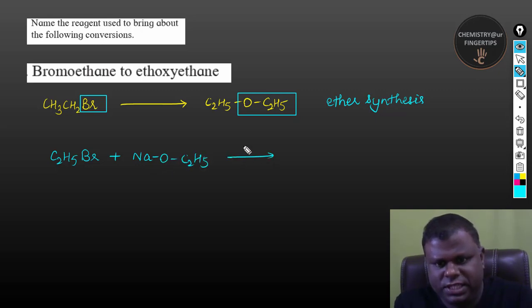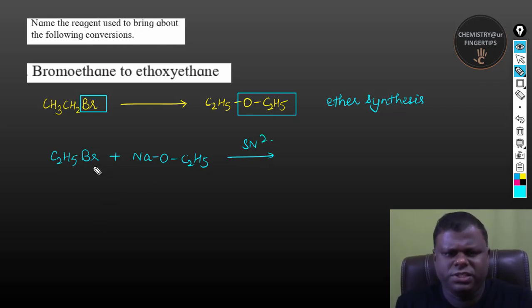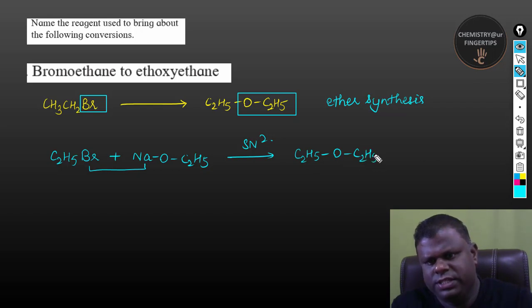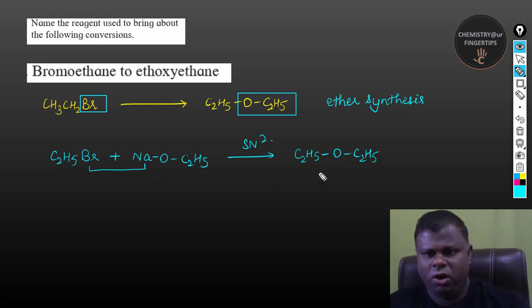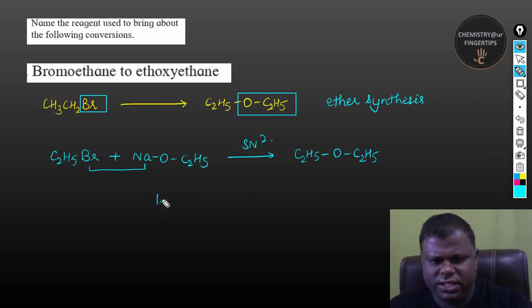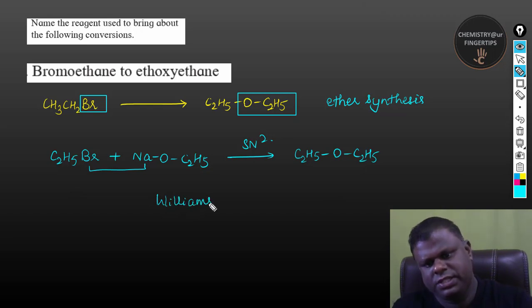The mechanism is SN2, the backside attack. You simply remove the NaBr, as a result of which you get C2H5OC2H5, which is nothing but ethoxyethane, or diethyl ether. This is a very simple way, and the strategy is Williamson's ether synthesis, to be very precise.